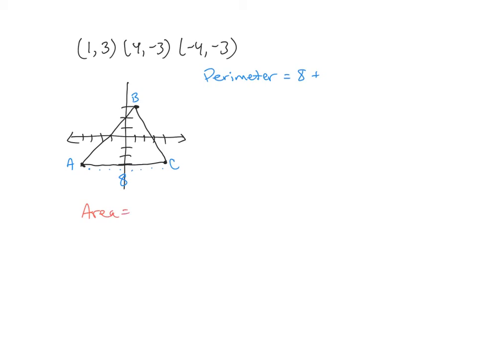Okay, so half base times height. The base is 8. And then the height is always from the top straight down. So here's our height. Doesn't have to be a side of the triangle, but it's from the top straight down.